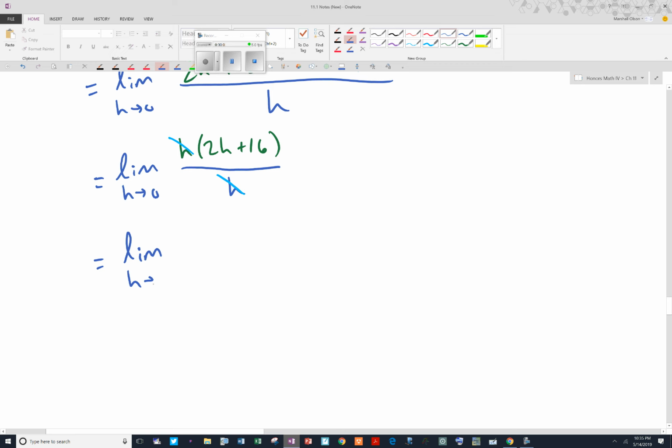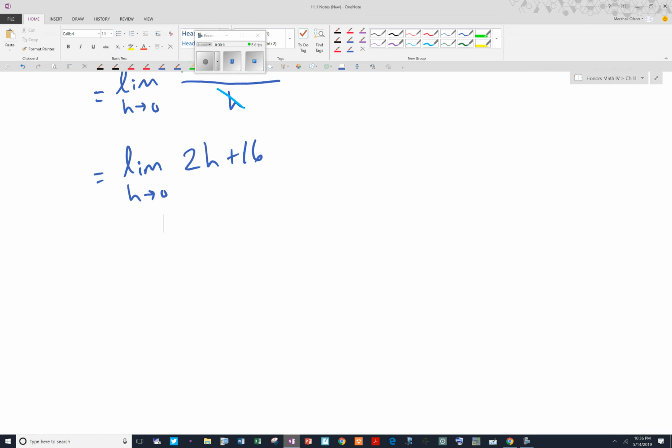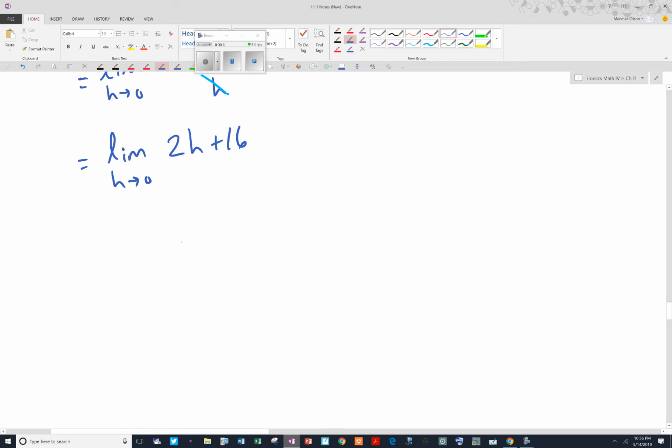Now finally, we can let h be 0. We can put that 0 in for h. When we do that, 2 times 0 is just 0, and we get that this equals 16.